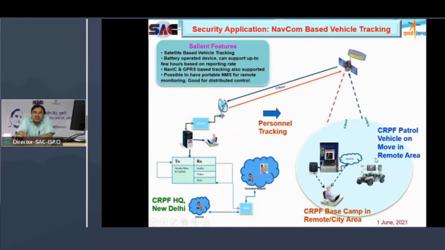So when they go out in the jungle, their movement, whether in vehicle or on foot, will be continuously tracked, and sitting at the base camp outside the jungle or in Delhi or any headquarters, they will know the movement of our troops, so that if any Naxalite ambush happens, we will be immediately able to rush help to the soldiers who are in distress. So this is how our various satellite technology will help in solving such problems of governance.